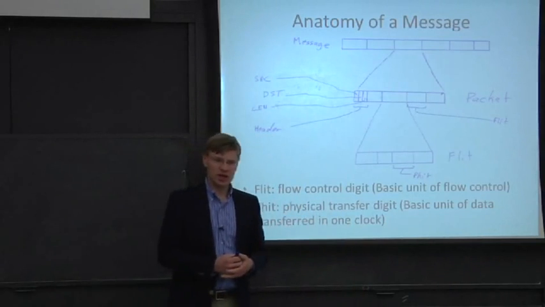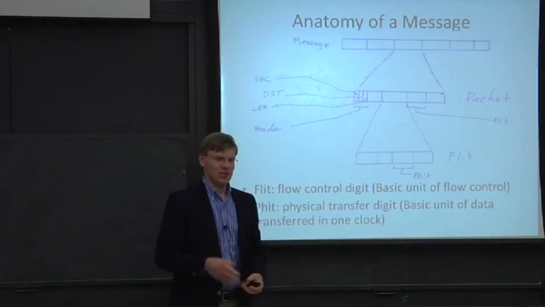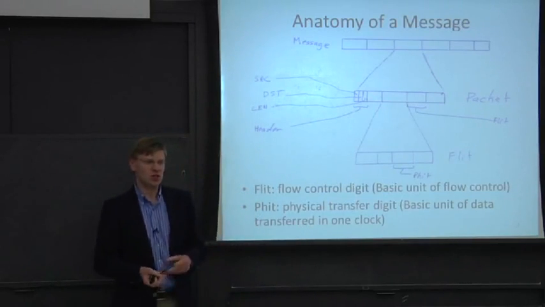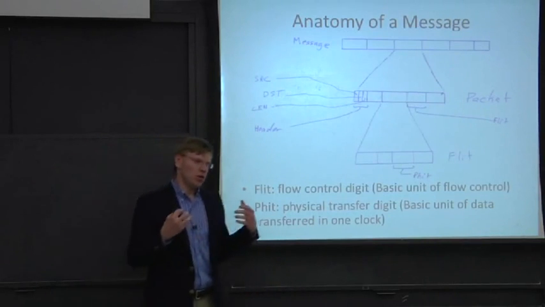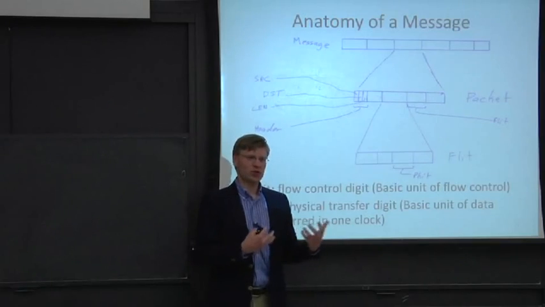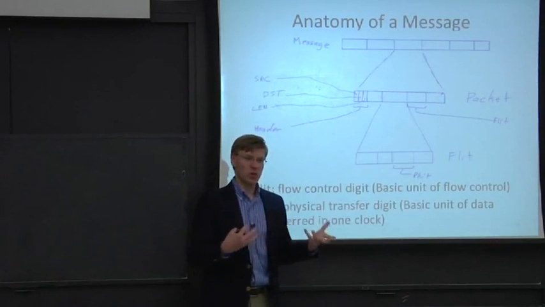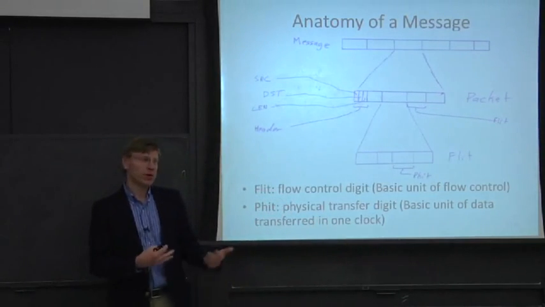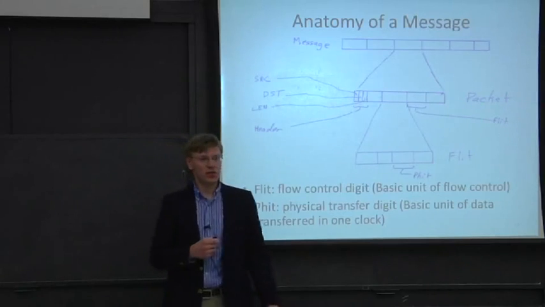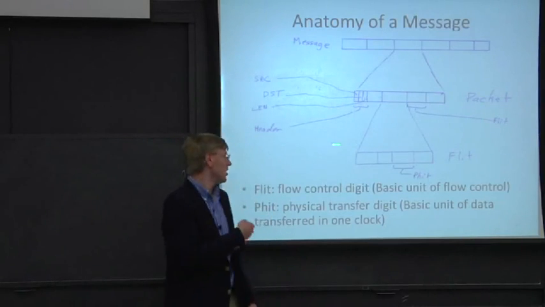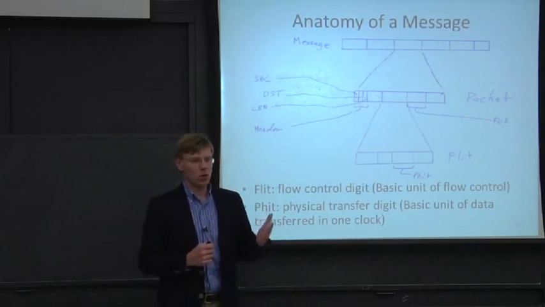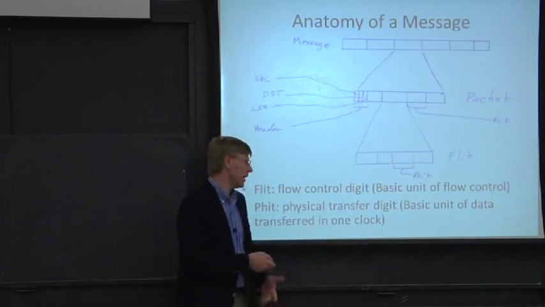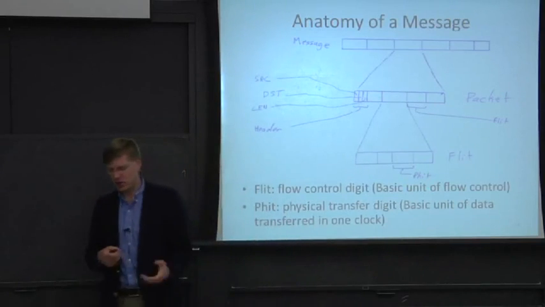For instance, you're trying to connect together two chips and you only have 8 wires to connect them. It makes really no sense to try to flow control on any basis smaller than that word, because the smallest thing you're going to try to communicate is a 32-bit word. So you're going to do all the flow controlling and all the accounting on the 32-bit flit, but inside of that, it'll be made up of 4 bytes, or 4 pumps, or 4 data transfers across the actual physical wires. And that's a physical transfer digit.